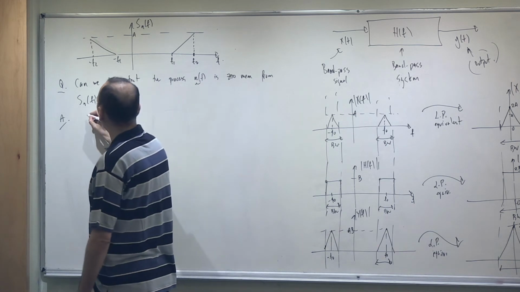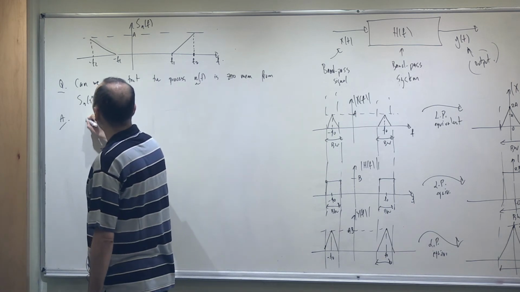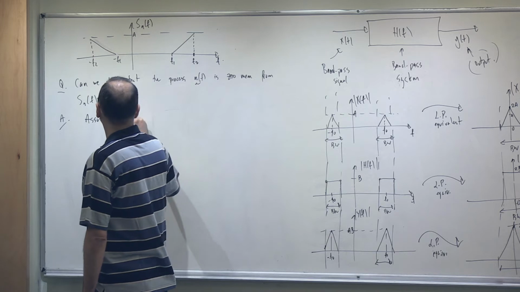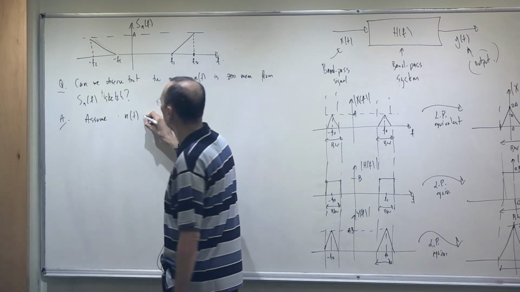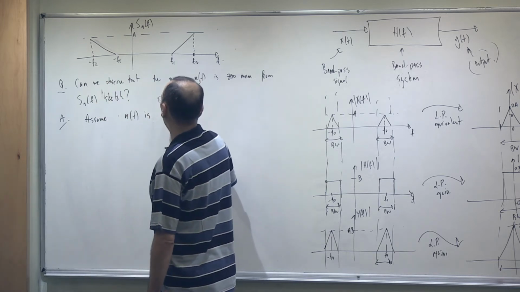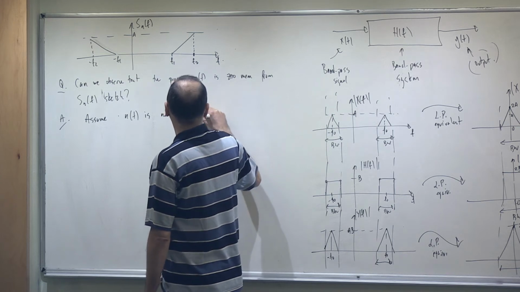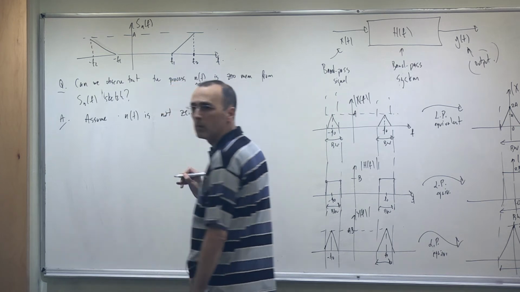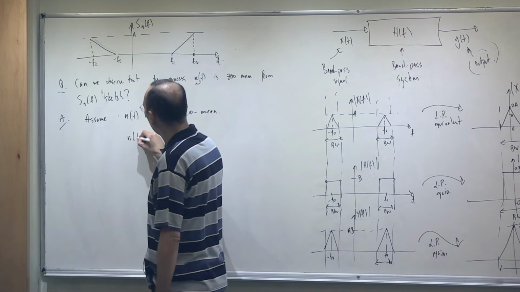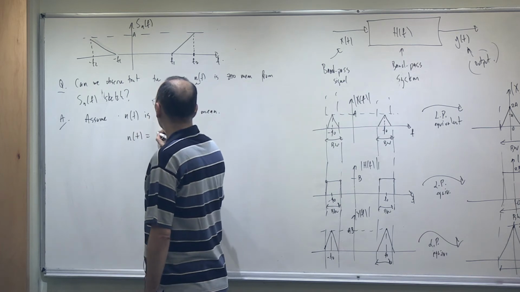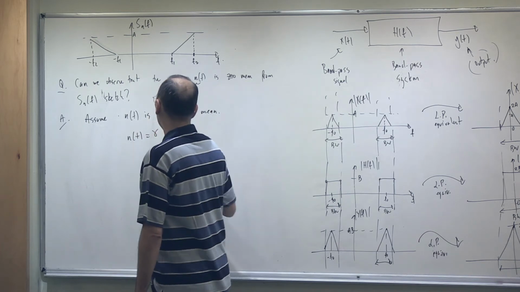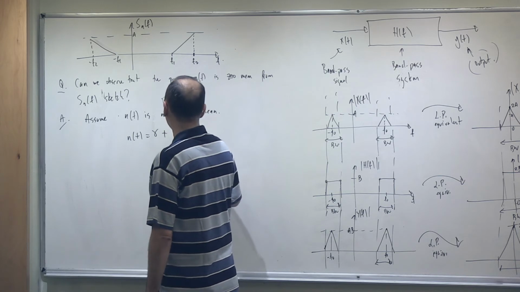The answer is, well, assume n of t is not zero mean, let's say. Then what happens? Now n of t is, let's say, a value such as gamma plus a zero mean process.